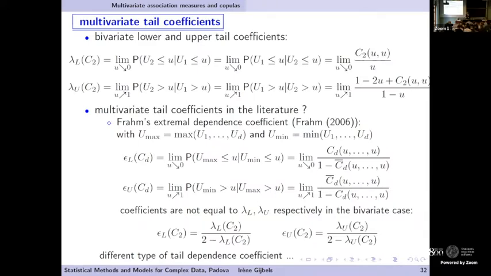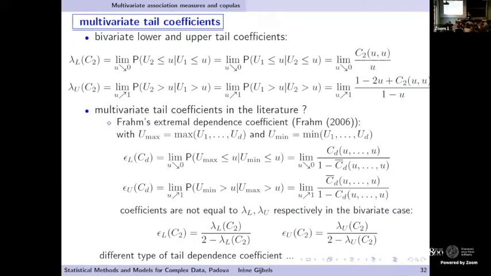Now, in a bivariate setting, this is easy. But in a multivariate setting, again, the same story I could repeat, which I'm not going to do. But it's the same kind of thing. So in a bivariate setting, this is all very well known in the sense that if you look at the upper tail coefficient, you look at one variable which exceeds a certain threshold.